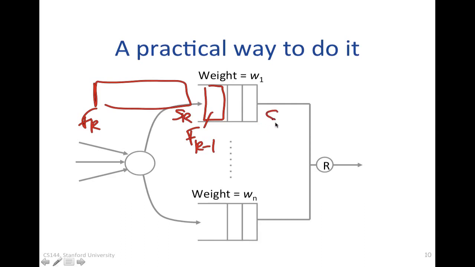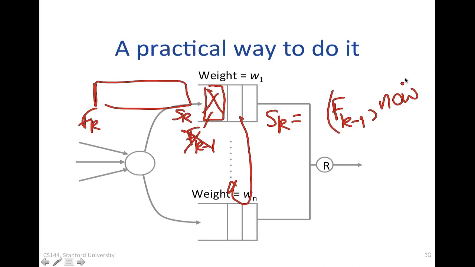We can say that the starting time of the packet k is going to be simply the finishing time of the packet ahead of it, because we're proceeding in rounds, so it will be immediately entering service as soon as the one ahead of it is finished. Unless the queue happens to be empty and there's nothing ahead of us, in which case it will enter service now. So it's going to be the max of these two values: the max of the finishing time of the packet ahead of it and now.